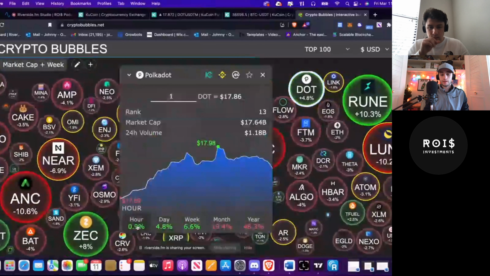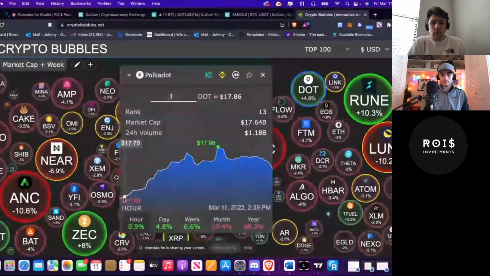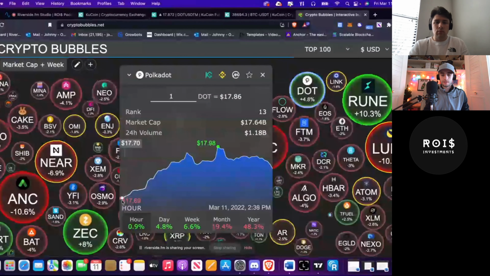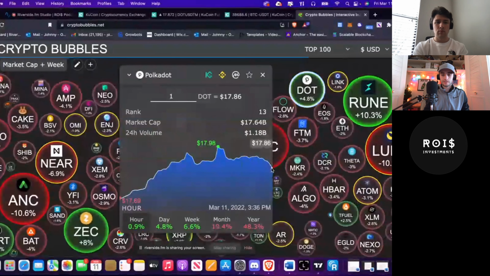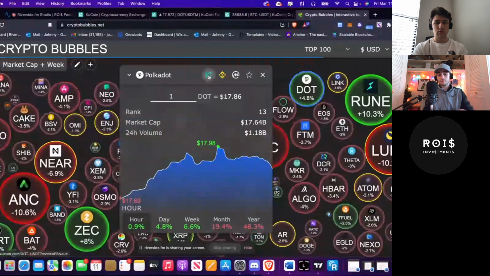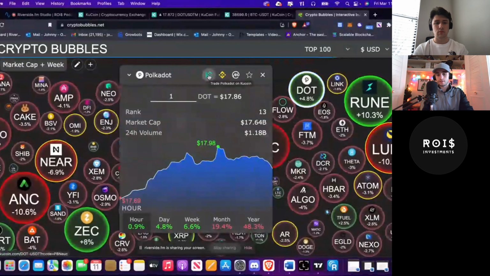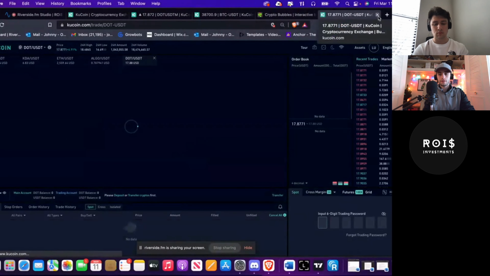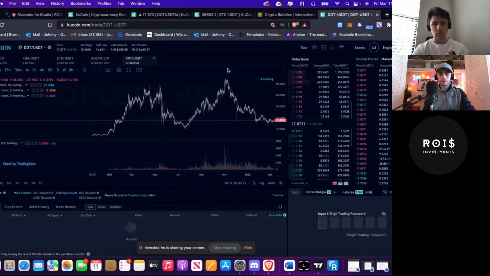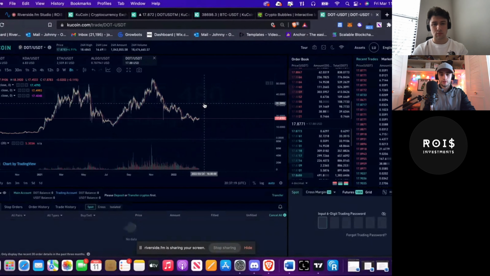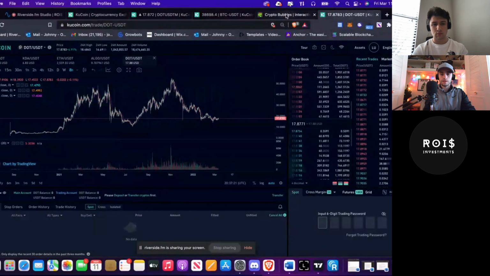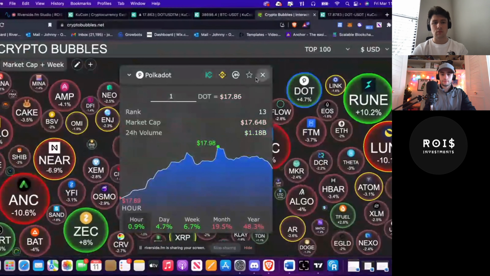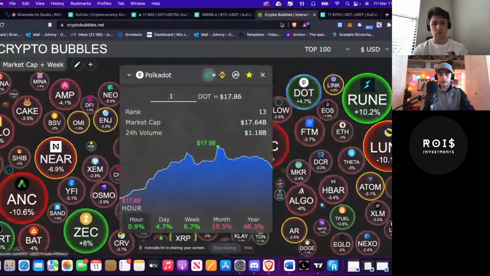But then, look at this. This is within the past hour. So 1769 all the way up to 1786. And you can see by clicking Trade Polkadot on KuCoin, you could literally go from there to KuCoin, and it shows you the price action on KuCoin versus Binance as well, this website.